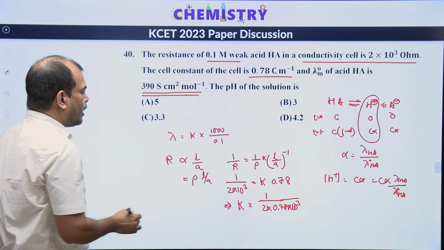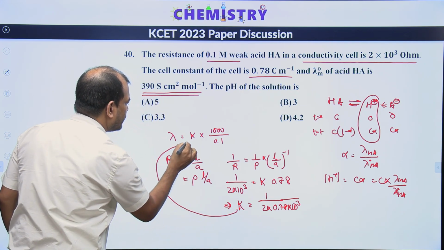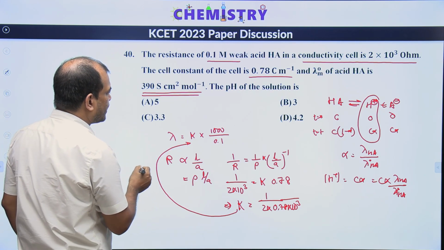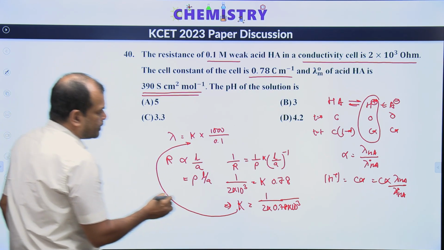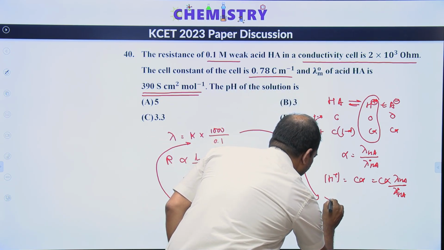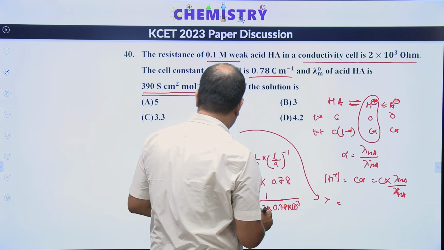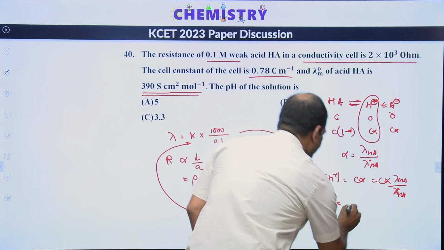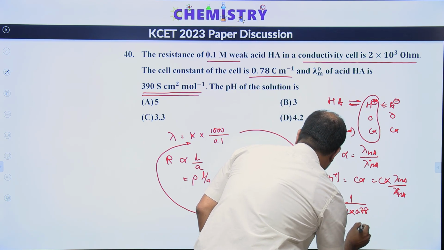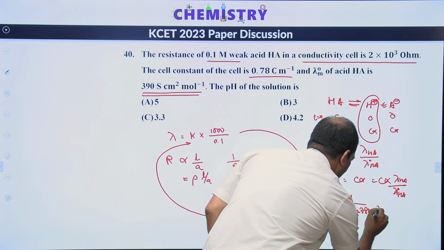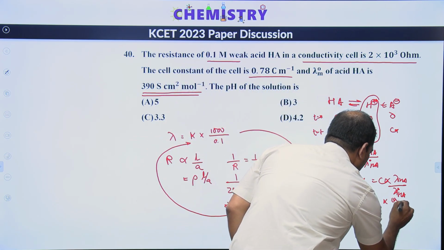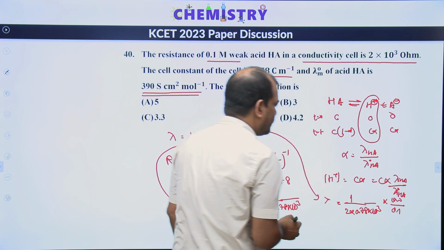That will be K. Now if I put this K value here, then you can get the value of lambda. Let's see how we can get this value of lambda. Lambda is equal to the K value we found already, 1 by 2 into 0.78 into 10 to the power 3, into 1000 by 0.1.